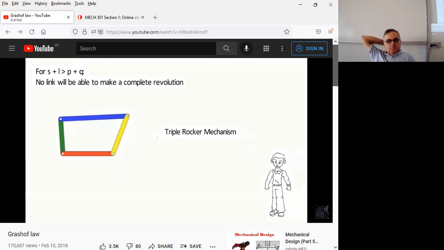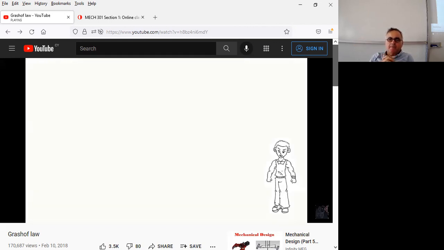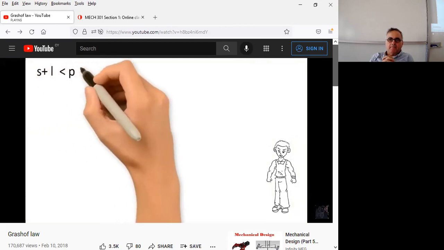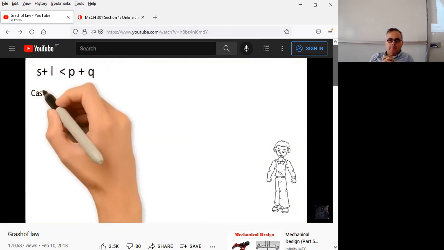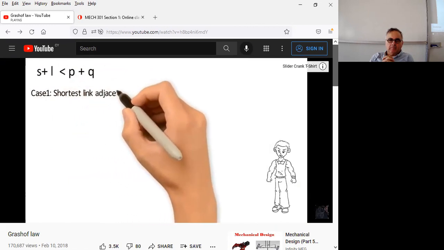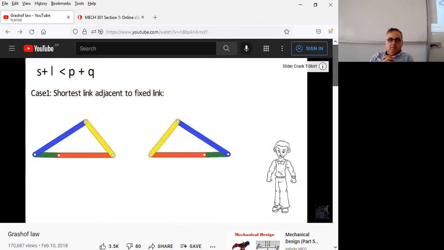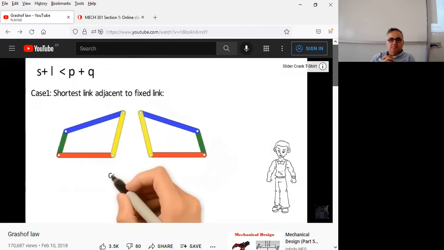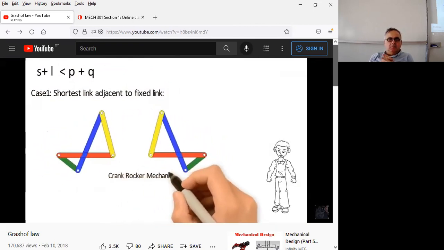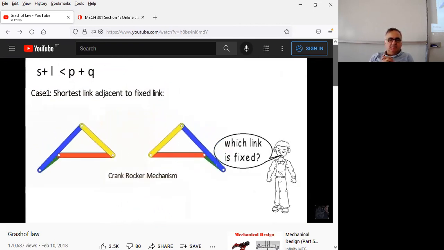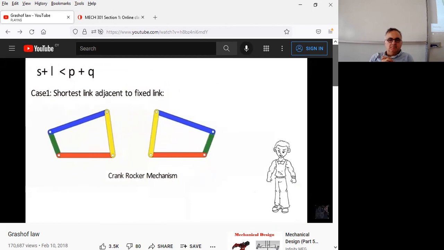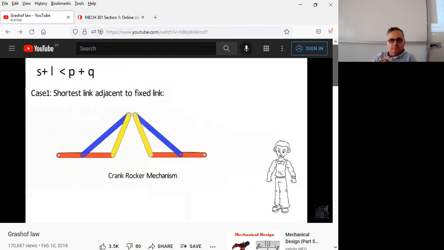Exactly. Now, we will discuss the Grashof condition. We wrote the condition in two parts. First is S plus L less than P plus Q. If the shortest link is adjacent to the fixed link, the mechanism so obtained is known as crank rocker mechanism. Okay. Now, it doesn't matter which link is fixed. Fixed link can be any of the other three remaining links.